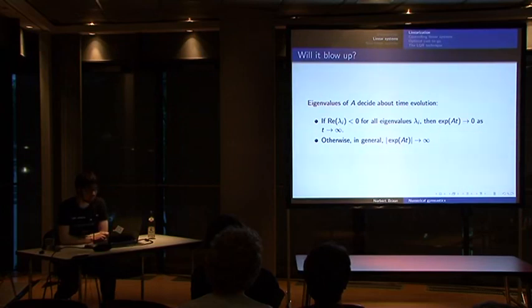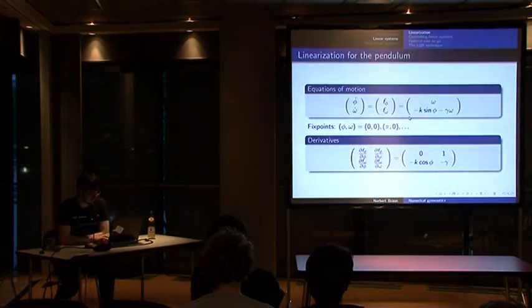This means that we have a stable fixed point. So if the linearization around a fixed point has a matrix where the real parts of all the eigenvalues are smaller than 0, then we have a stable fixed point. And otherwise, in general, it blows up. Otherwise, in general, it goes to infinity.